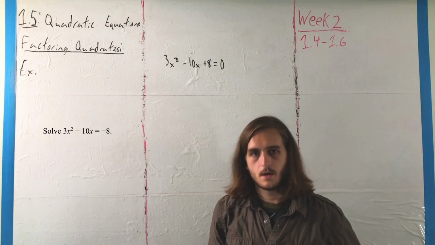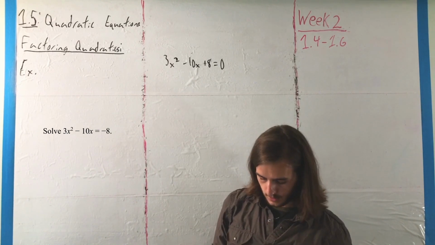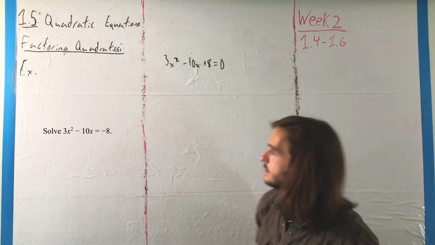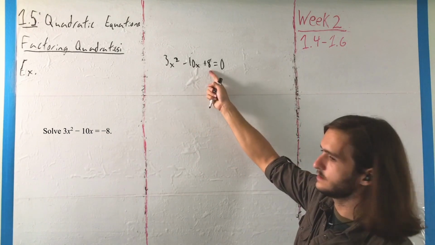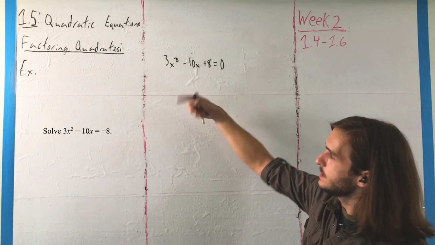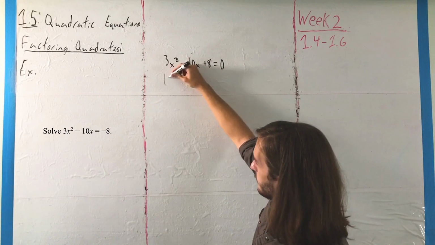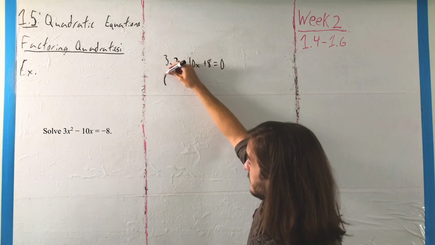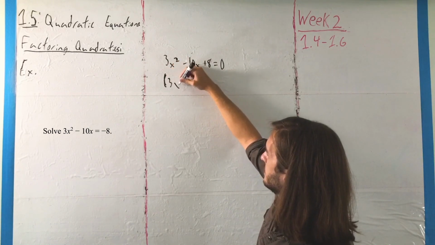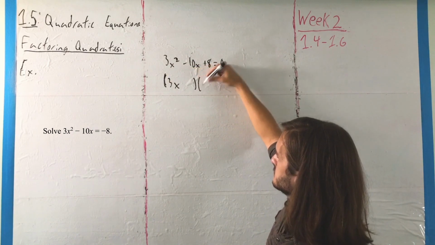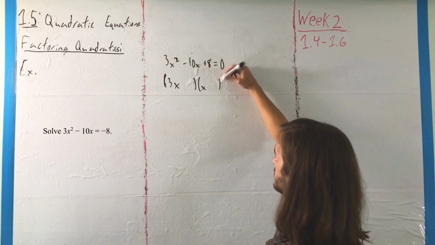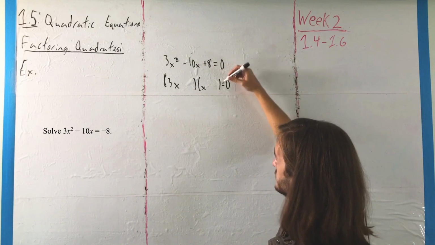And the way this is going to work out, in order to get 1 and 3, in this case 2 and 4, is we will have 3x and 1x to get the 3. This is equal to 0.